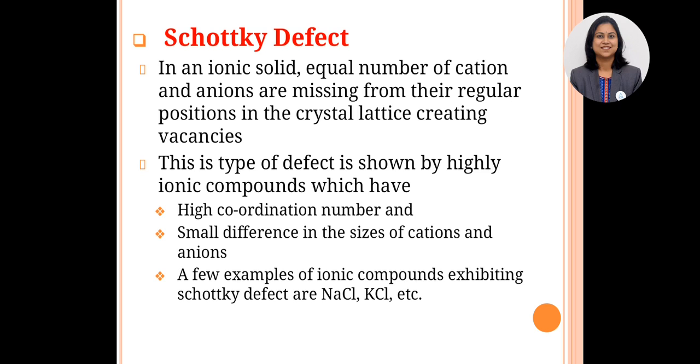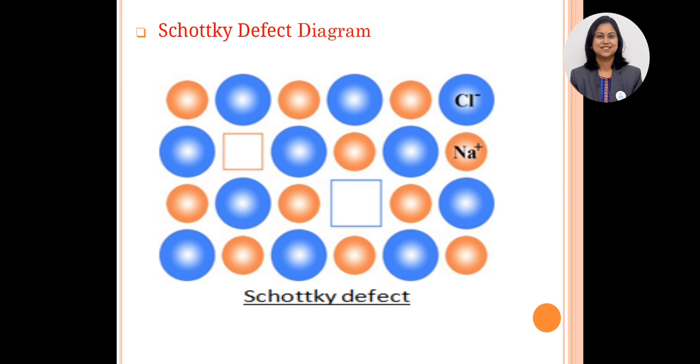A few examples of ionic compounds exhibiting Schottky defect are sodium chloride and potassium chloride. Here is the diagram for Schottky defect.